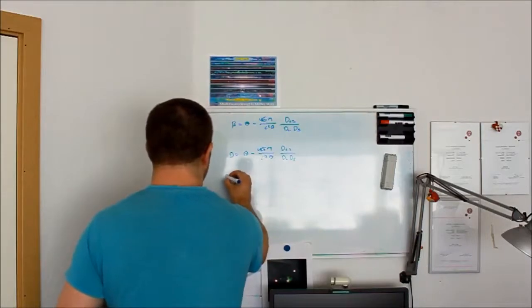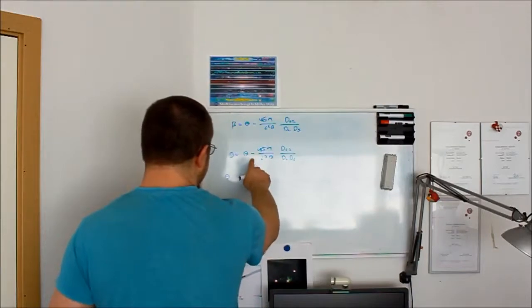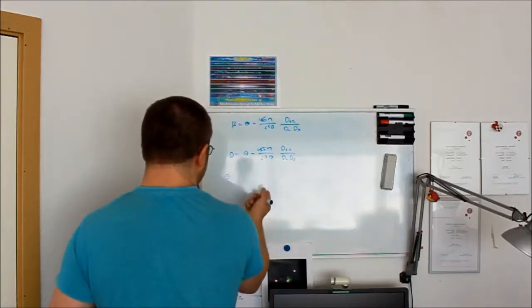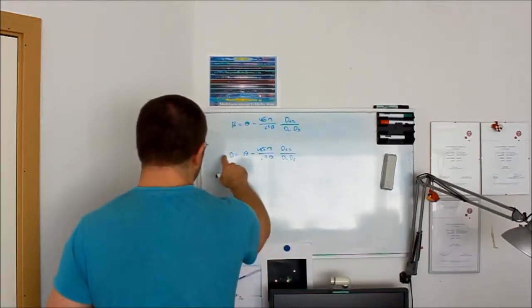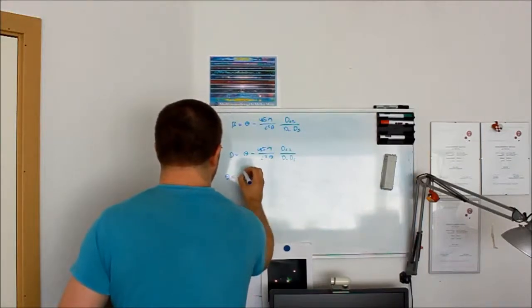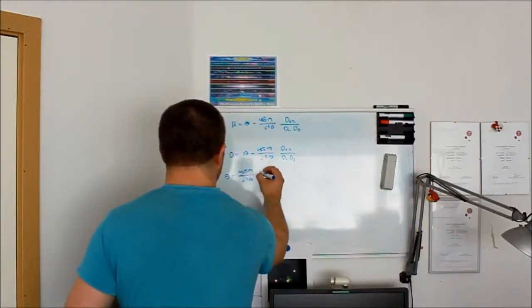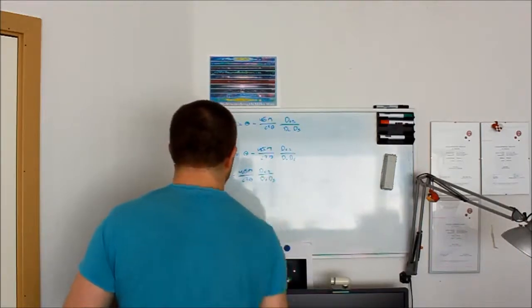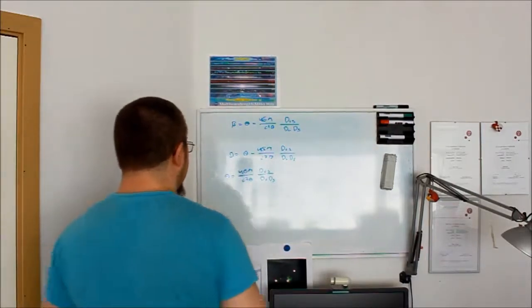Theta minus theta is equal to 0, and theta plus 0 is equal to theta. So I get theta equals 4GM over c squared theta DLS over DL DS. And now you might already see where I'm going with this.